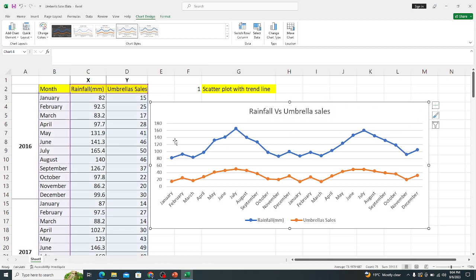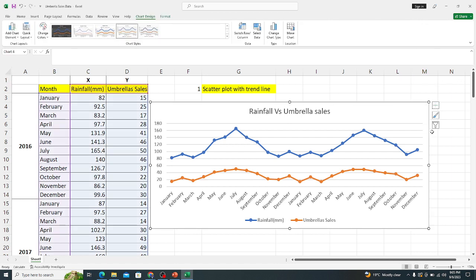Then in case I want to include the axis titles, I know this is the amount of rainfall in millimeters, and these are the months, I can include that as well. So I can just come here. Once on the graph, you'll see a plus here.